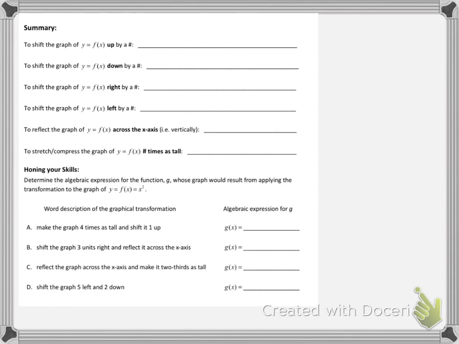So if we start with f of x and we want to shift it up by a number, what do we have to do? We add the number, right? So we add the number to the output.